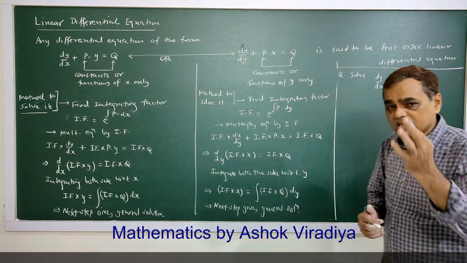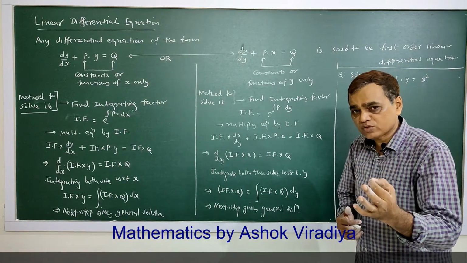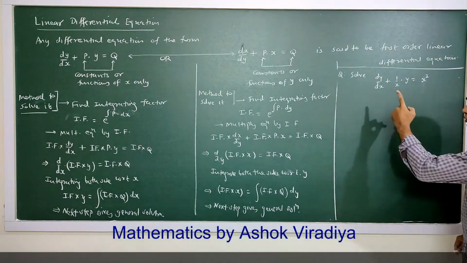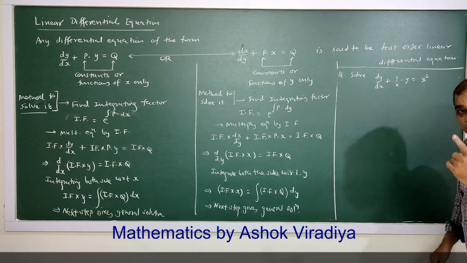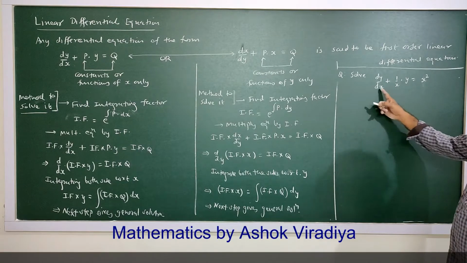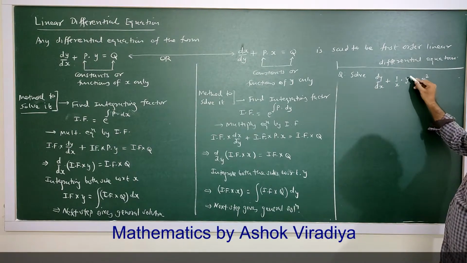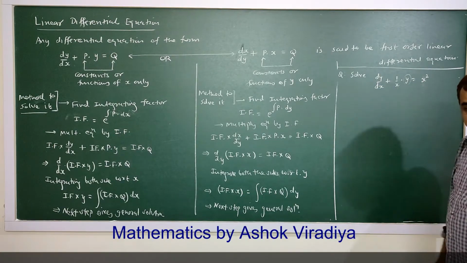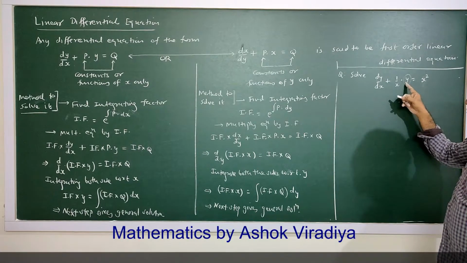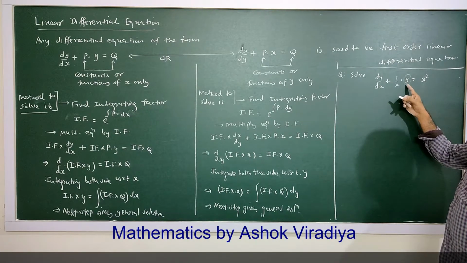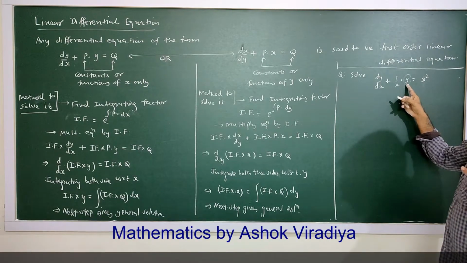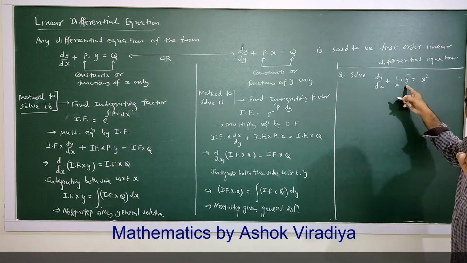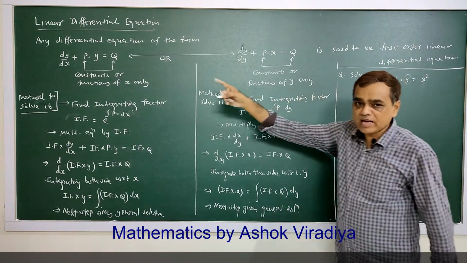So the best way to identify whether a given differential equation is of this form or not: in the given equation, if you find only one y, and dy by dx, so no y square, no y cube, no sin y, only y. It should not be an inner function, no sin y, no cos y, only y. Then you can match with this form.